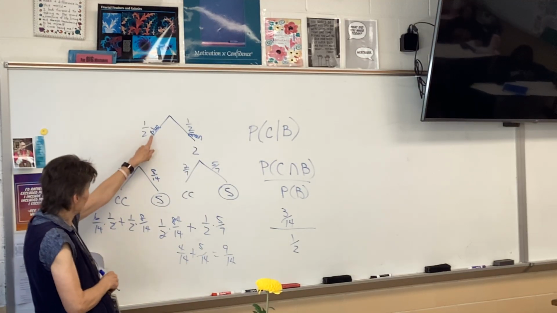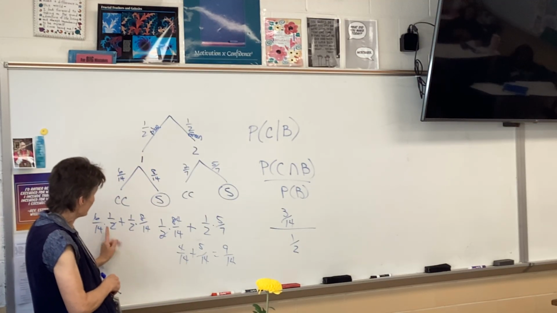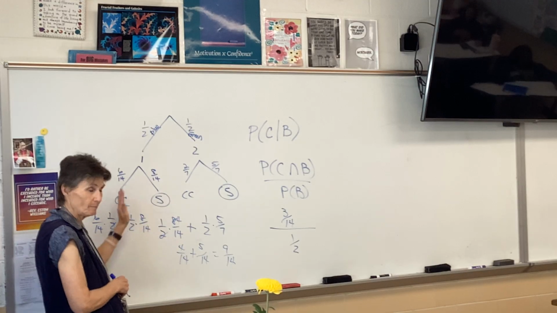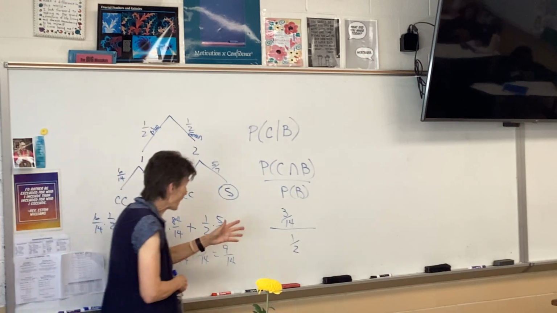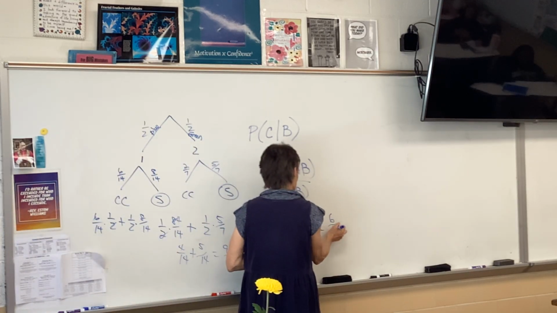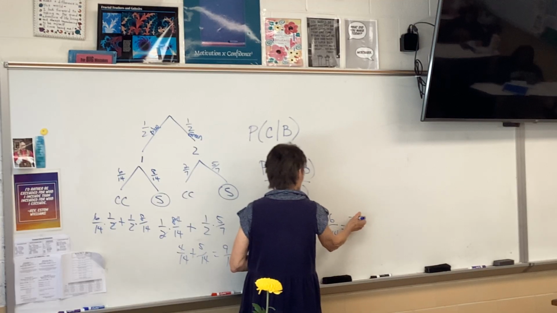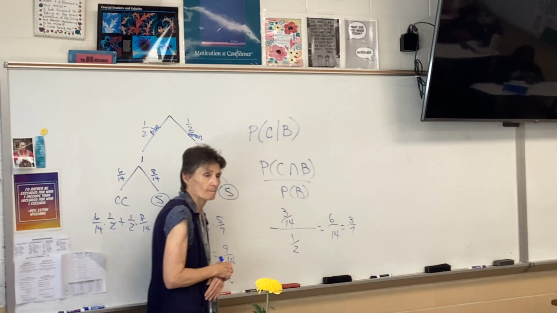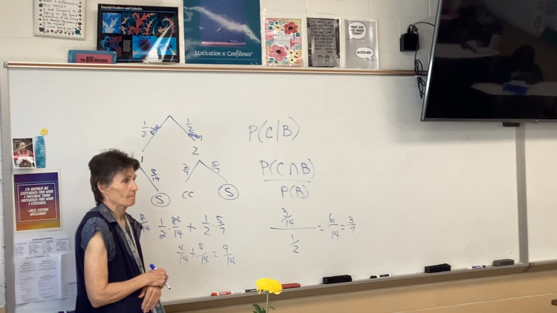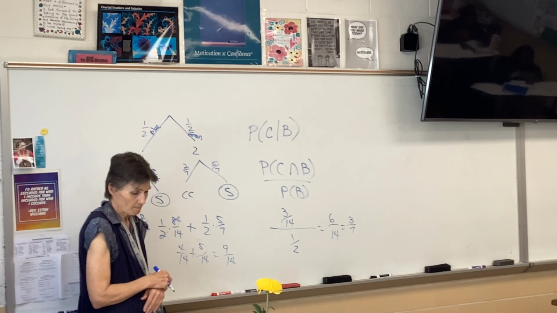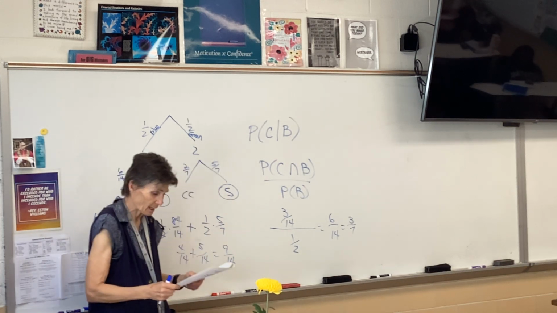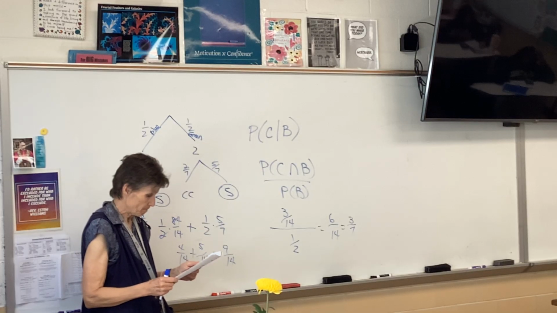So I took blue and chocolate chip, and then all of the blues. So that is 3/14 over 1/2, which results in 6/14. Okay, so some of us missed that one, now we got it. We're good.